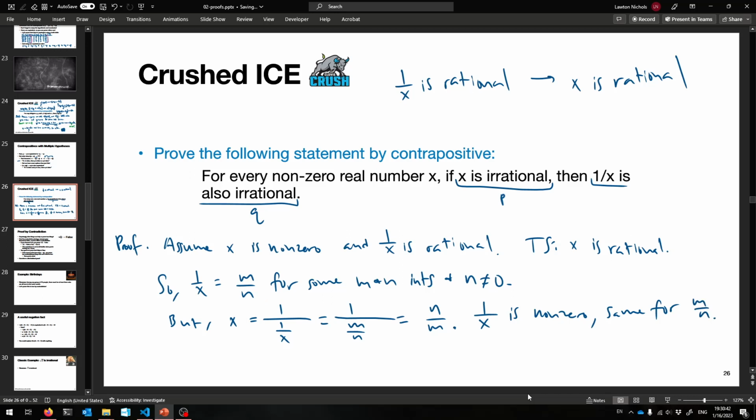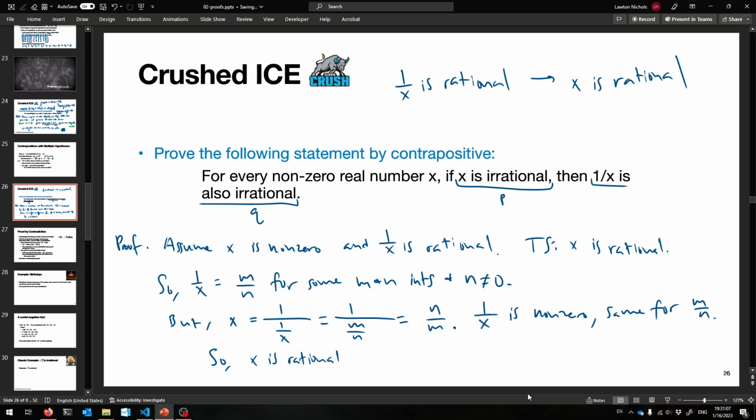So those are all non-zero, and that means it all works out, right? We took the reciprocal of m over n to make n over m. That's still non-zero. So that means that the bottom part was non-zero as well. Okay? So m is not equal to 0, so x is rational.